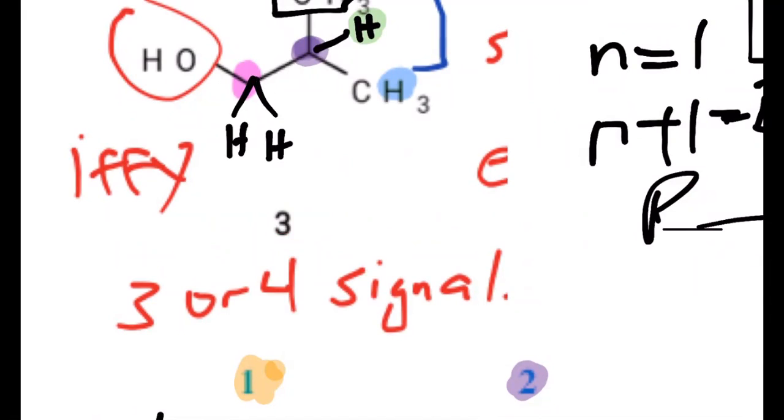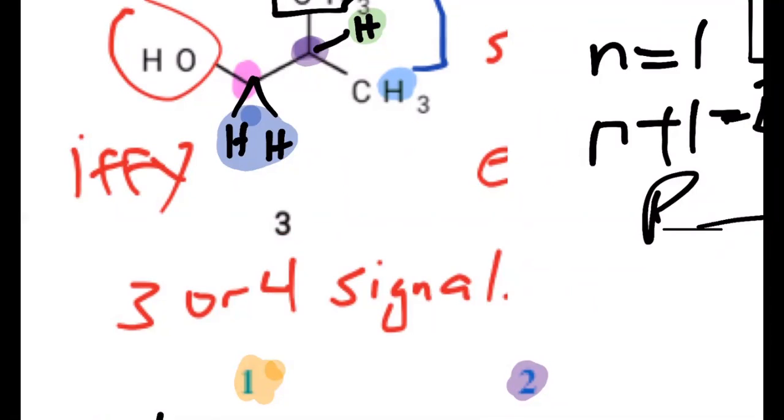So then, why would these protons right here be split into a doublet? How many neighbors do you have? Now remember, the OH is not going to count as a neighbor, that hydroxyl proton. So how many neighbors do you have to the right? You count only the hydrogens.